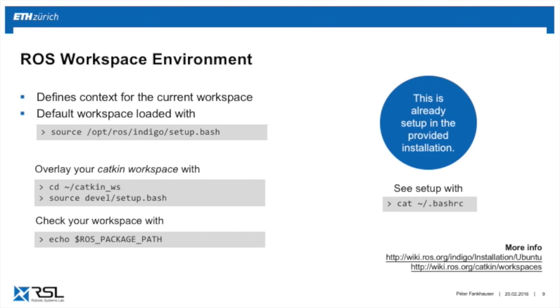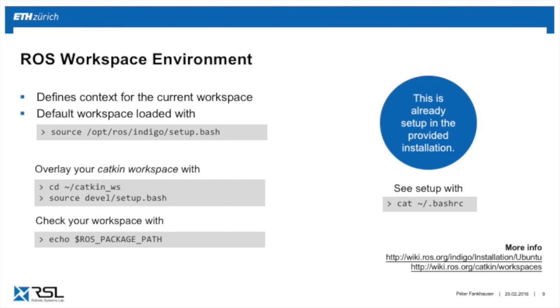One important element that you'll see is the ROS workspace environment. This defines the context of where you're working in the ROS environment. There's a standard environment when you install it, which you load if you type in this command, which loads the ROS version and then the environment that you need. And importantly, you can overlay these environments. On your PC, we already pre-installed one, which we set up in the standard folder, the Catkin workspace.